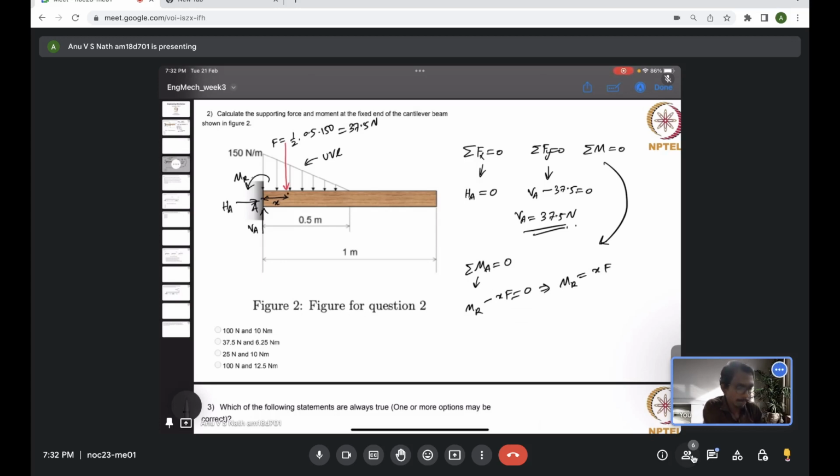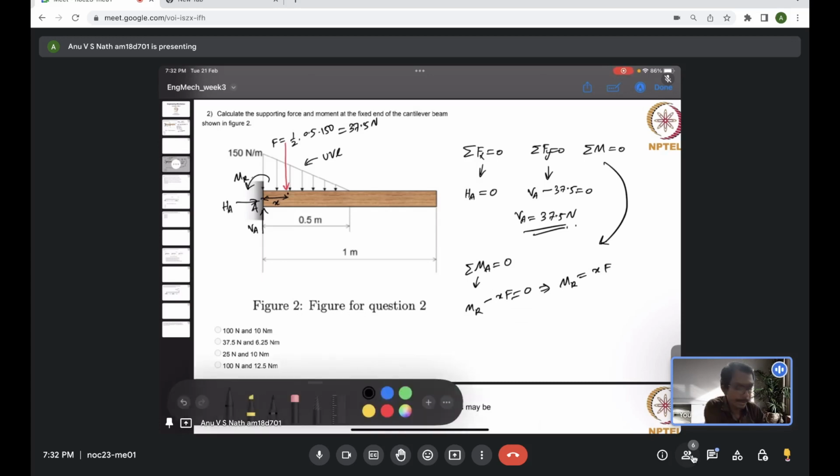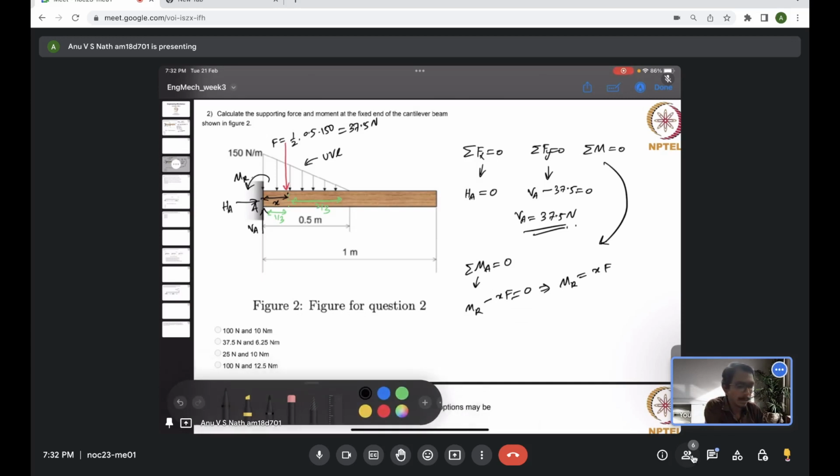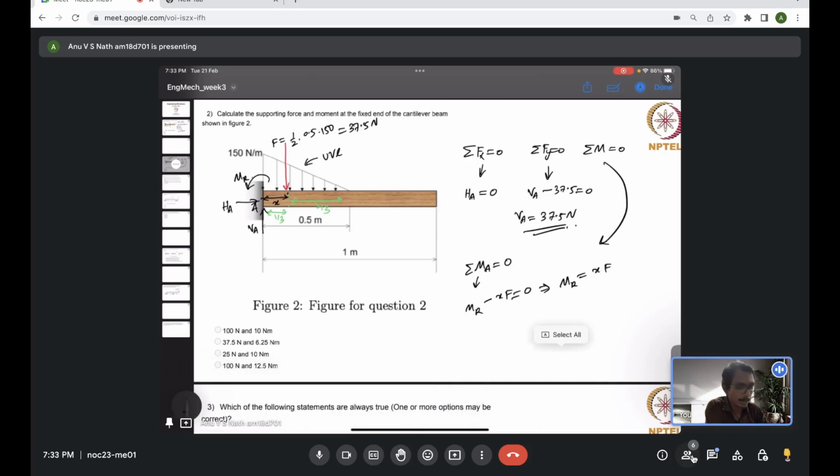If I say this is the centroidal location, it will be 1/3 of the entire base, and this will be 2/3. Now you have to measure the distance from the fixed end only in this particular case, because we are taking the moment about the fixed end. So it should be 1/3 of the base.